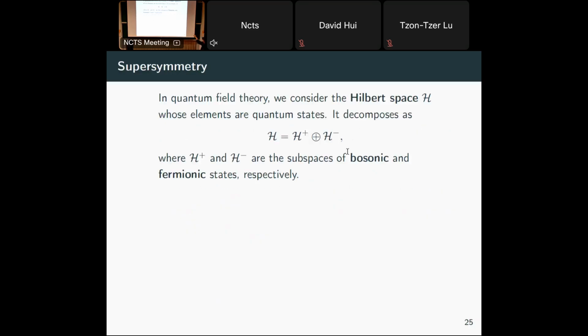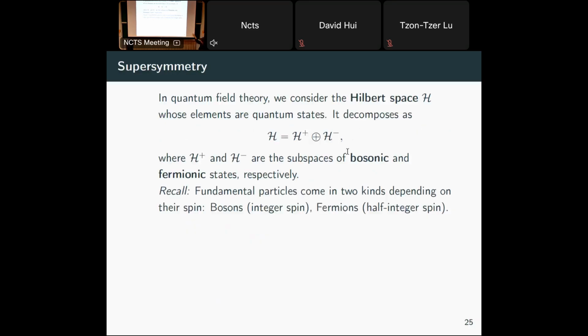The states of H plus we'll call bosonic states, and the states of H minus we'll call fermionic states. A state means nothing but a vector, an element of your Hilbert space. Bosonic particles are particles with integer spin, and fermionic particles are particles with half-integer spin, like one half for electrons, 3/2, and so on.